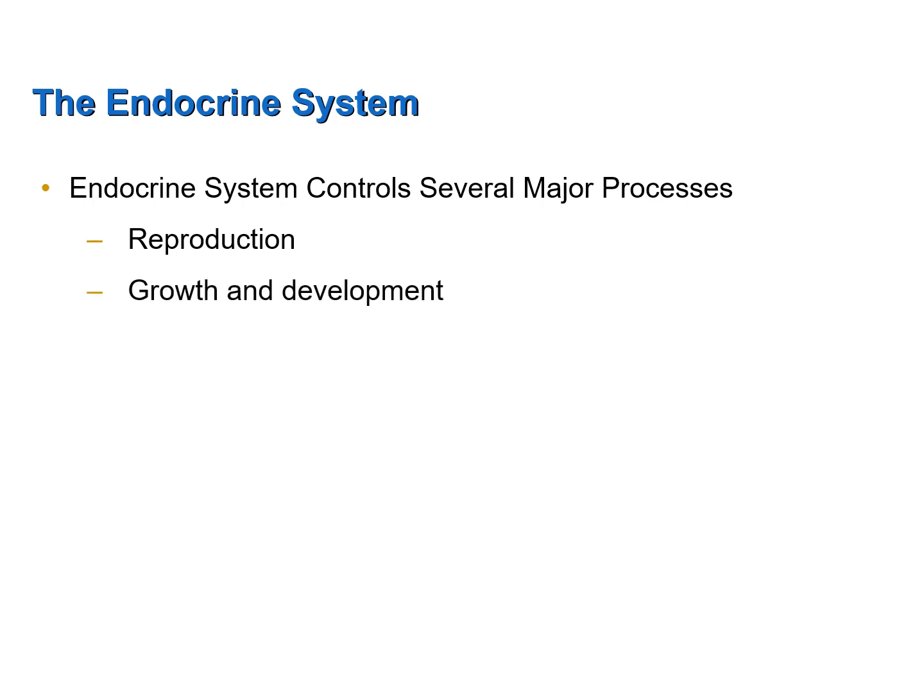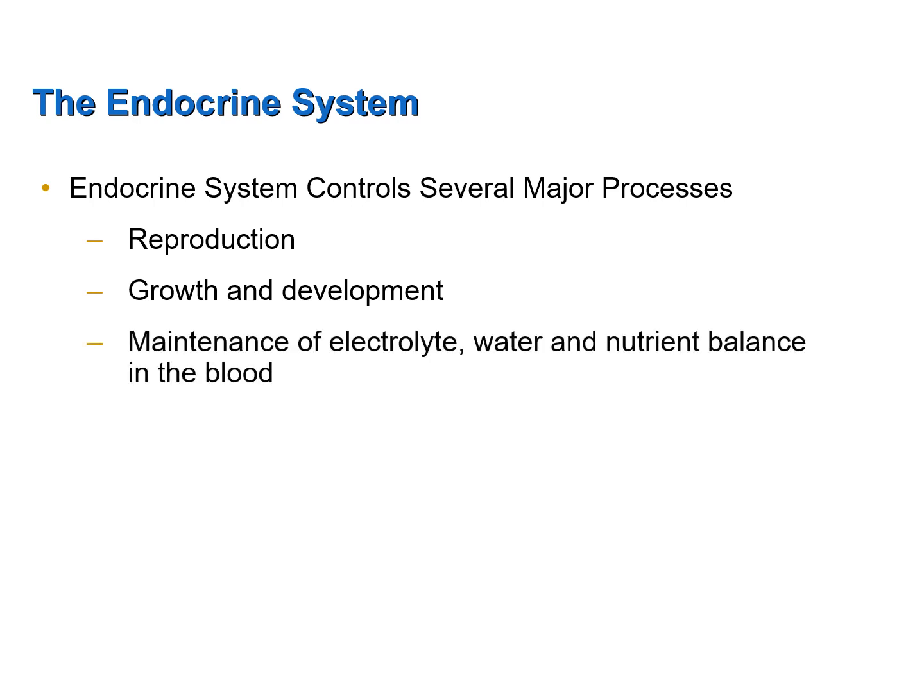Growth and development, going from a newborn to a full adult, and all the changes that occur during that process are controlled principally by the endocrine system.